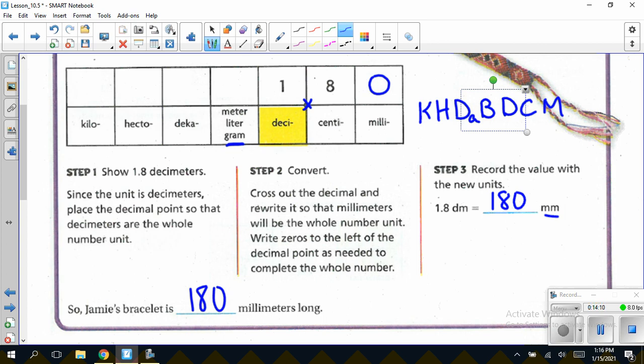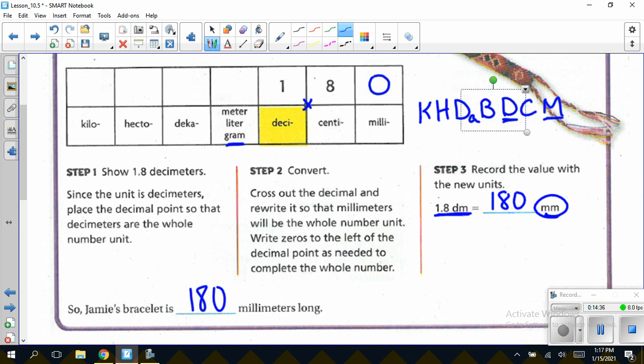I just keep remembering that sentence so that way I know the letters that I'm supposed to write. Now I know that we are starting at 1 1/8 decimeters. So I'm going to underline the letter that I am starting with. So I'm starting with the decimeters. And I see that I need to convert it to millimeters. So I'm going to underline the M that represents my millimeters.